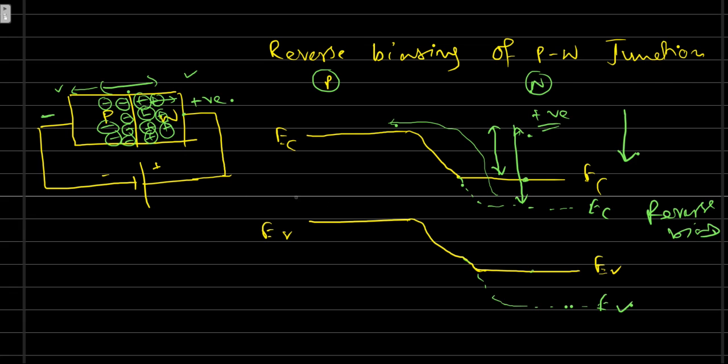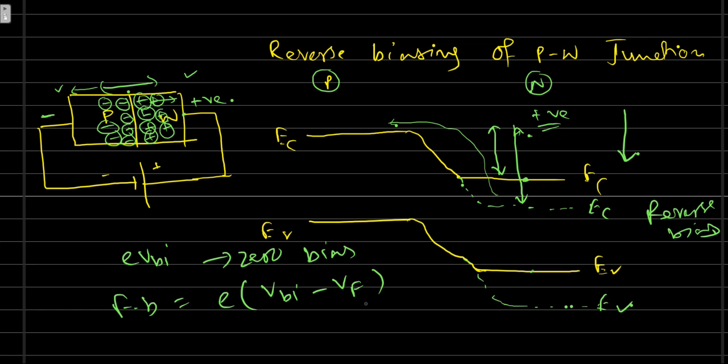This is the first thing. And mathematically, we can say E·VBI is the barrier height at zero bias. Now in forward bias, the barrier height reduces, so the expression is something like this: E(VBI − VF), where VF is the applied forward voltage.